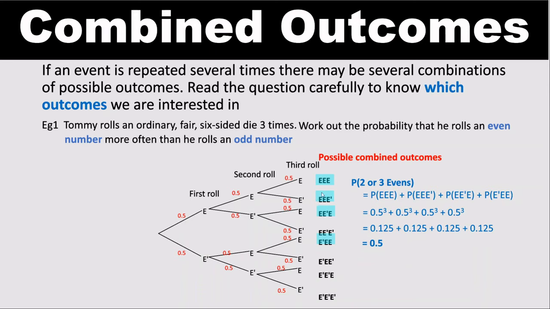And there are 1, 2, 3, 4, 5, 6, 7, 8 possible combinations of outcomes, and I'm going to include 1, 2, 3, 4 of them. 4 out of the 8 equally likely possible outcomes has a probability of 0.5. Hopefully there's no surprise there. But again, this is a fairly simple example where all the probabilities were the same. So let's go on to something a little bit more challenging.